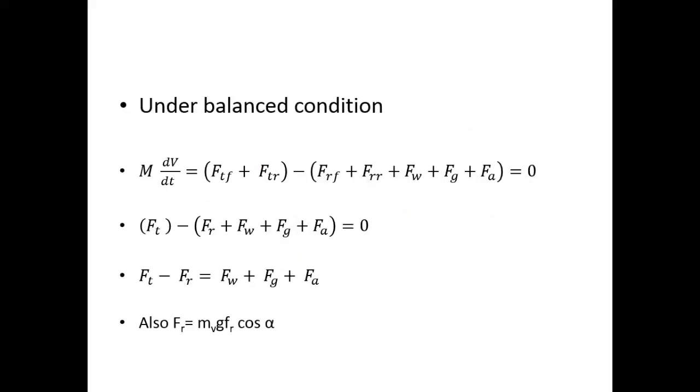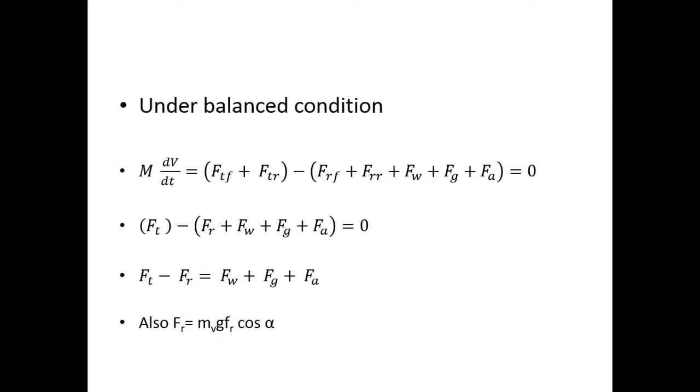Under balanced condition, we know M into dv by dt equals Ftf plus Ftr minus Frf plus Frr plus Fw plus Fg plus Fa equals 0. In short, Ft minus Fr equals Fw plus Fg plus Fa.